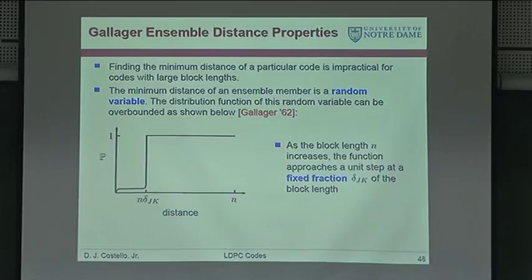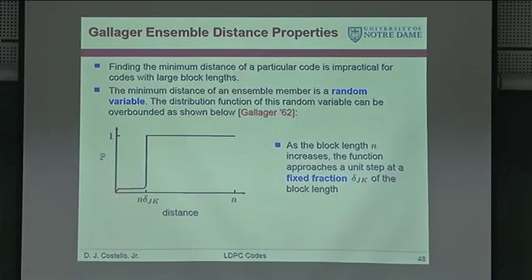As the block length n goes to infinity, it approaches a unit step function, which means this is the probability that the minimum distance is at least a certain amount.